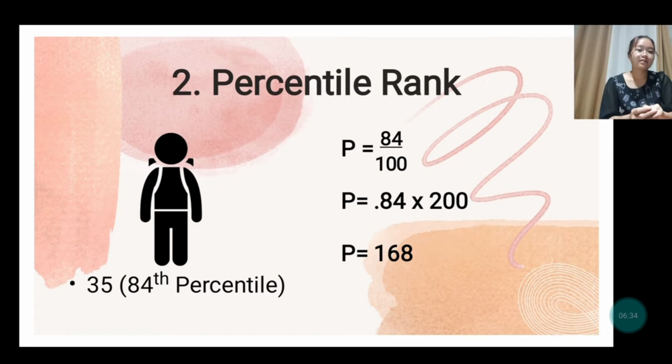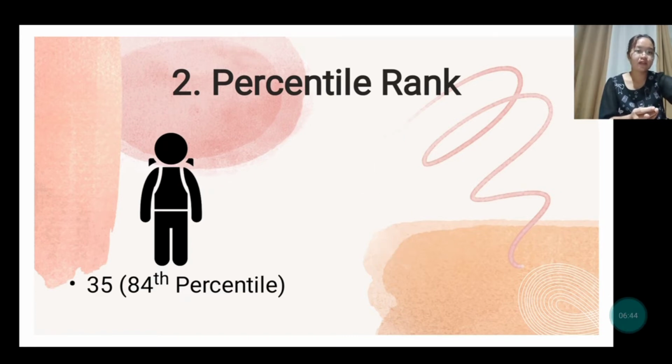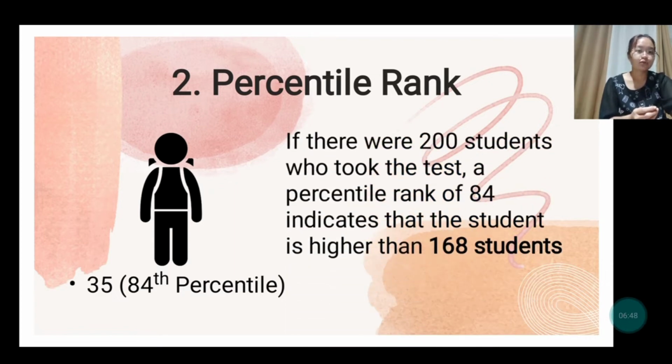So the percentile rank is equal to 168. What does it mean? The interpretation is that if there were 200 students who took the test, a percentile rank of 84 indicates that the student is higher than 168 students.